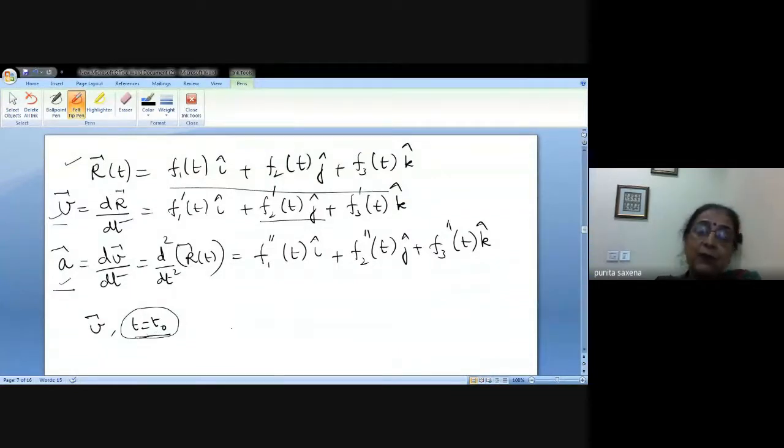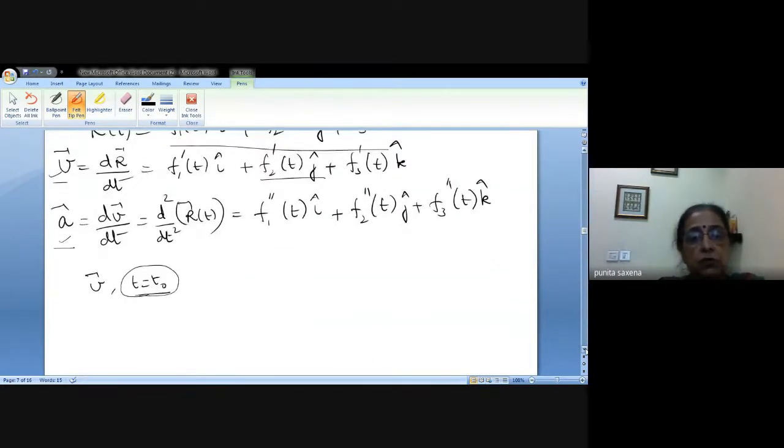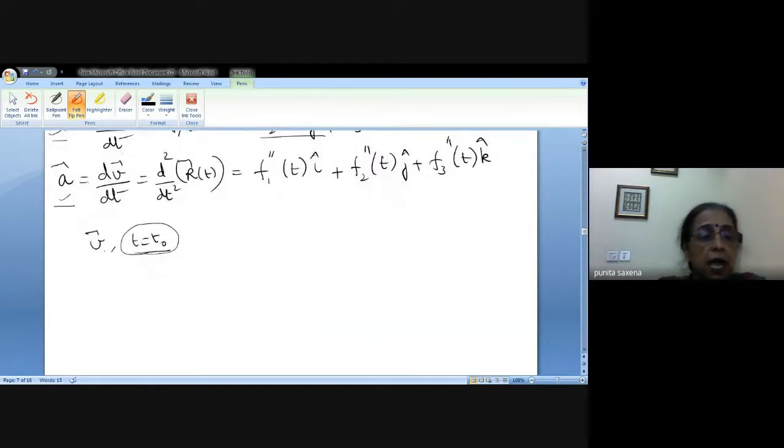But the problem could be the other way around also, in the sense that for a particular motion or for a particle, I'm given the velocity with which it is moving, and I'm asked to find its displacement vector or position vector. So if I'm given v, then to find r, what do I have to do?